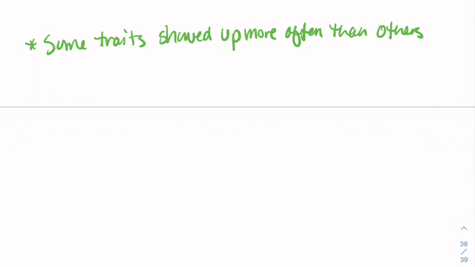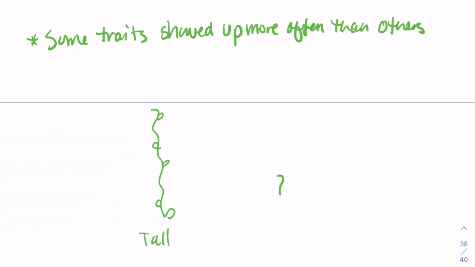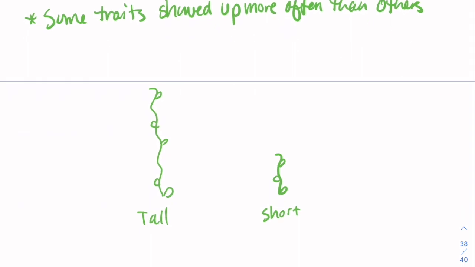So for example, he found that it was more common for pea plants to have a tall height than for pea plants to be short. See what I mean? You can make all kinds of fun of my drawing here.